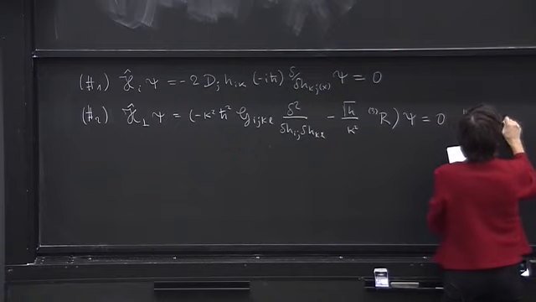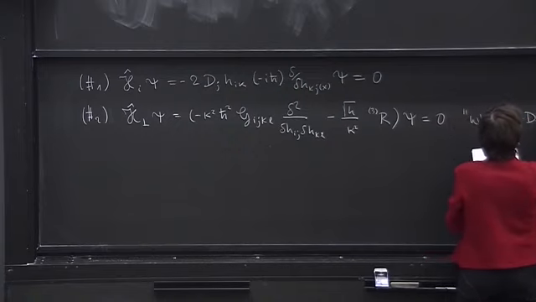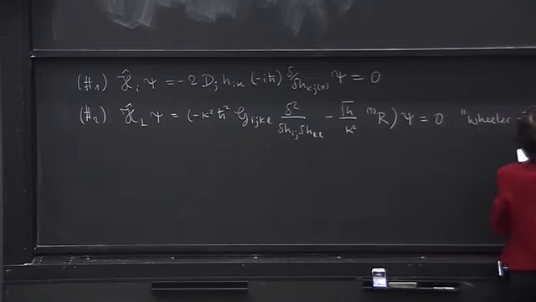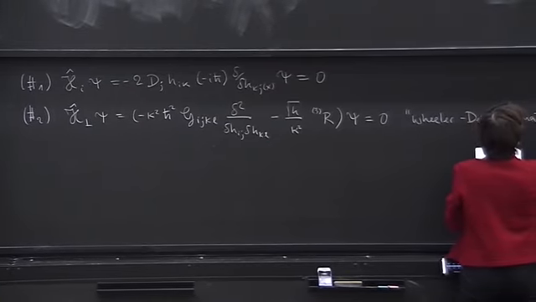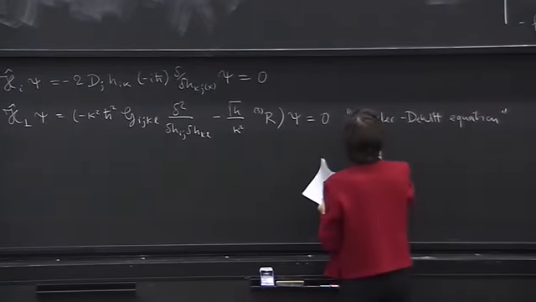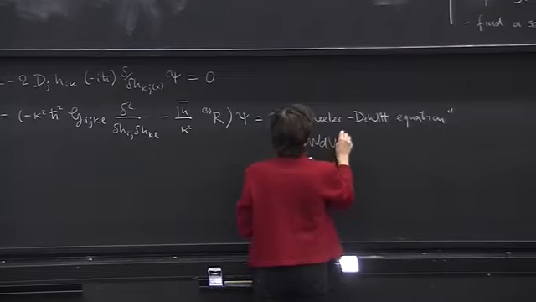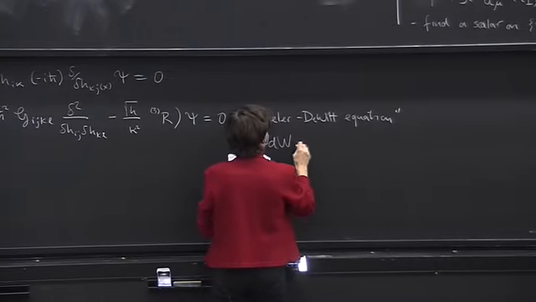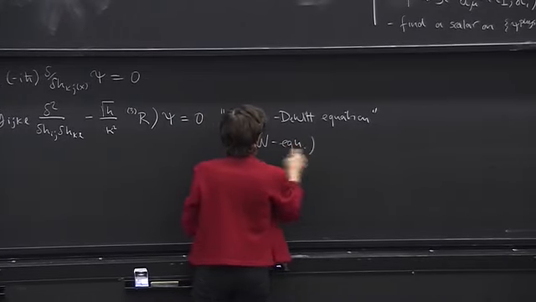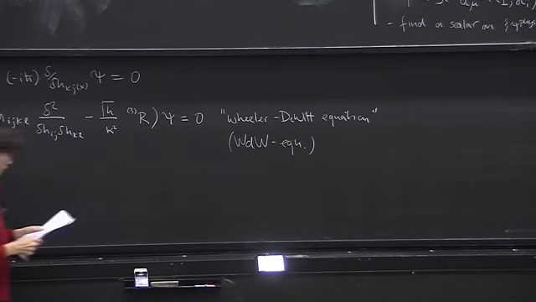It's called the Wheeler-DeWitt equation, also sometimes abbreviated as the WDW equation. It's of course a famous name, which you might have heard, even if you don't know too much about quantum gravity.